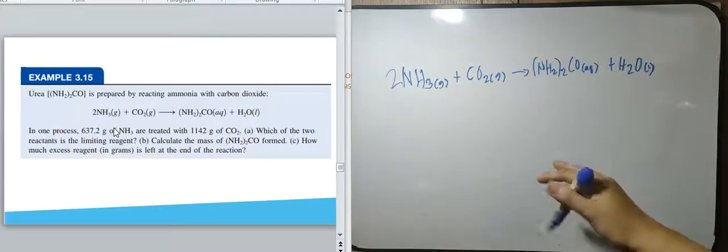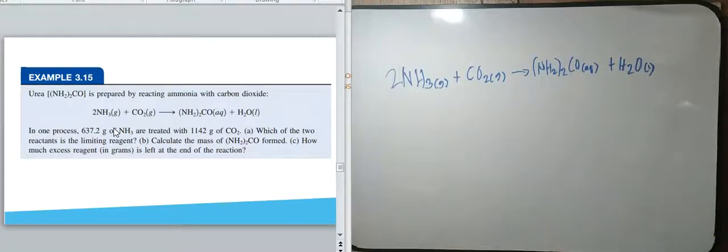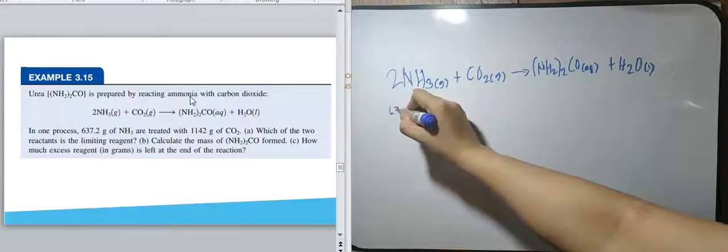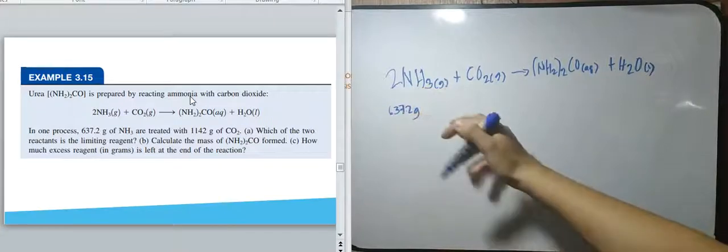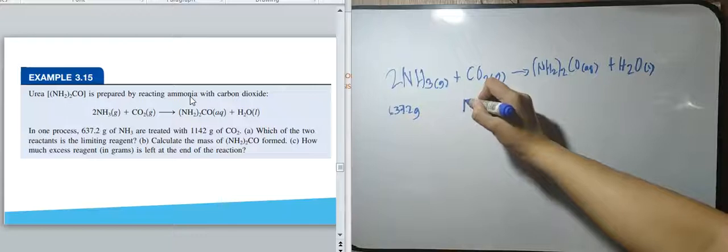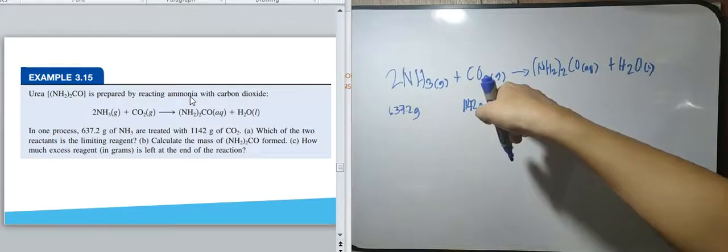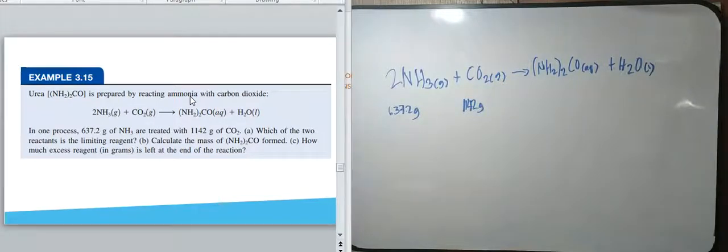All right, in one process, 637.2 grams of ammonia are treated with 1,142 grams of carbon dioxide. So A, which of the two is the limiting reagent? B, calculate the mass of urea formed, and C, how much of the excess reagent in grams is left in the reaction.